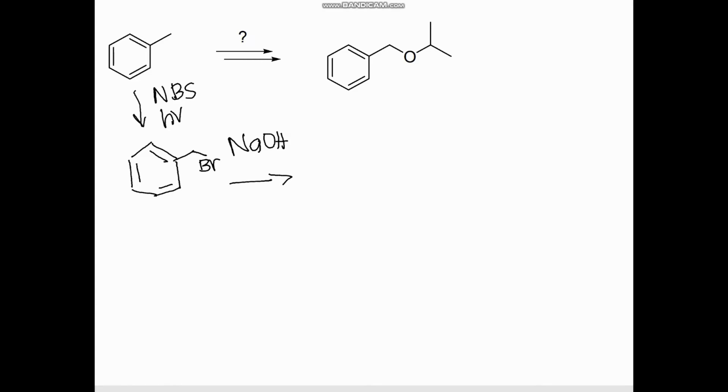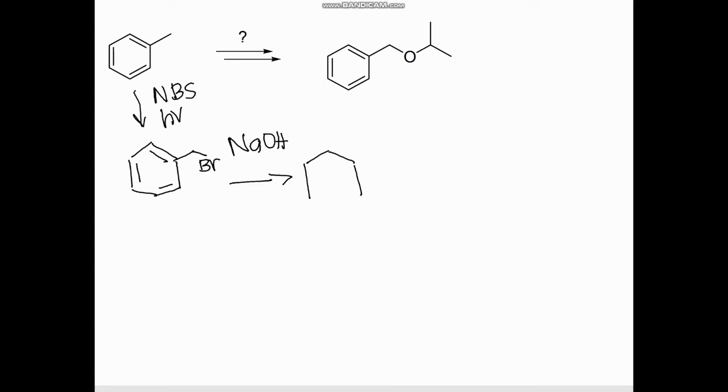Our next synthesis problem, we can do the same steps as before using NBS and heat to add a Br to the end of the methyl group, and from there we can add in NaOH to make our primary alcohol again.